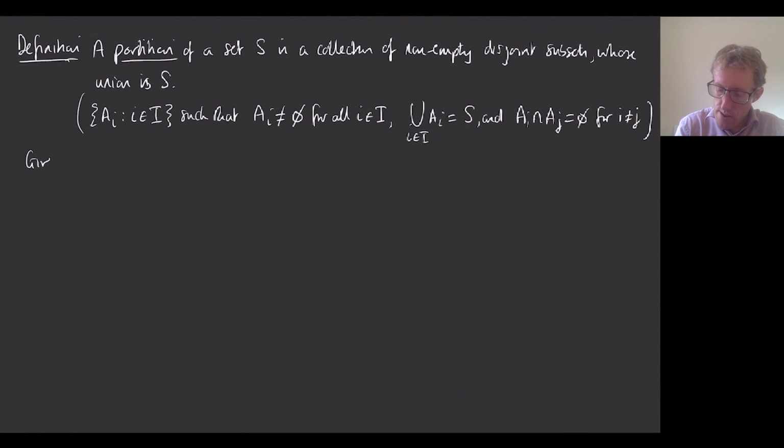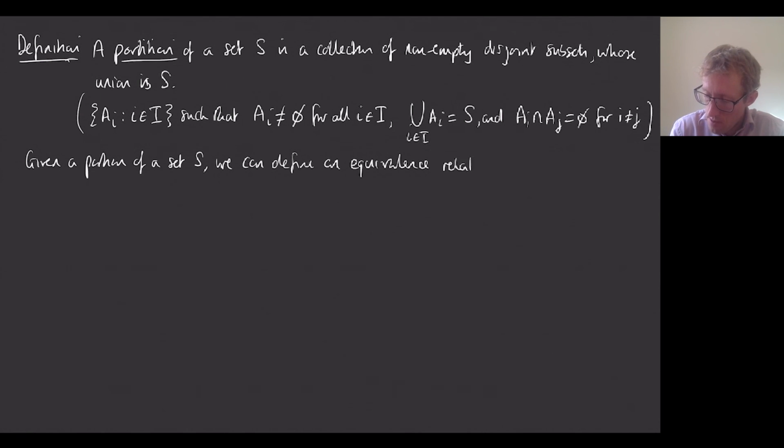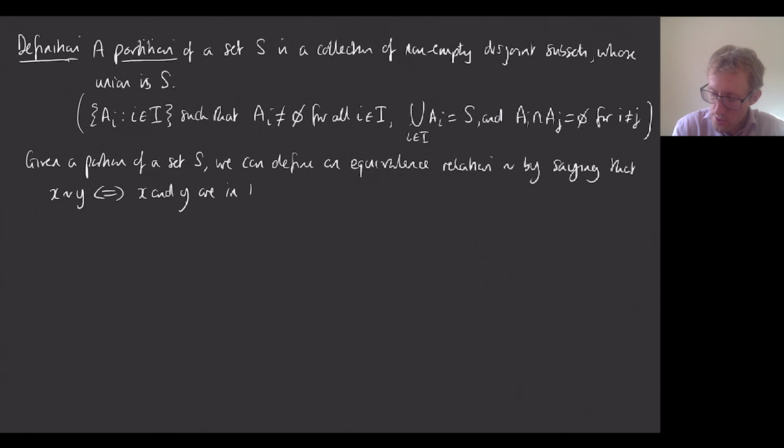So I'm going to say, given a partition of a set S, we can define an equivalence relation tilde by saying that x is equivalent to y if and only if x and y are in the same part of the partition, so in the same subset.